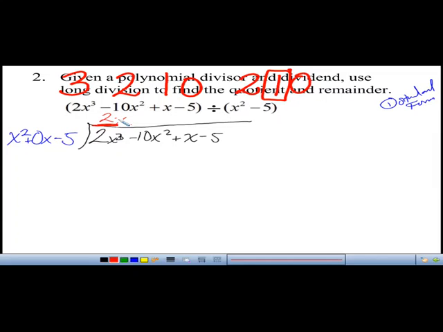Let's see, what is 2x times x squared? 2x cubed. That is correct. Okay. Next, what is 2x times 0x? Well, it's still 0, but it's 0x squared. And for right now, I'm not going to put plus or minus because 0 doesn't have a sign. Is that correct? Next, what is 2x times negative 5? That's negative 10x.